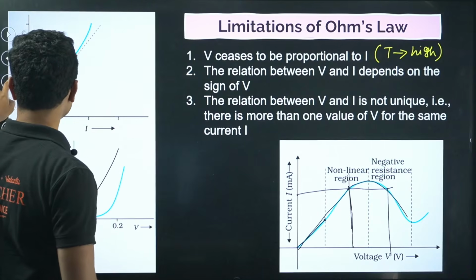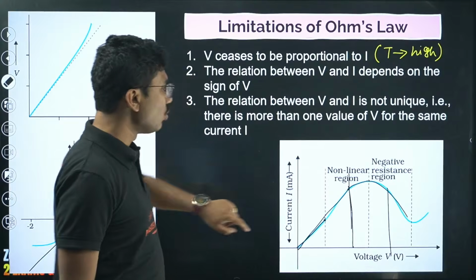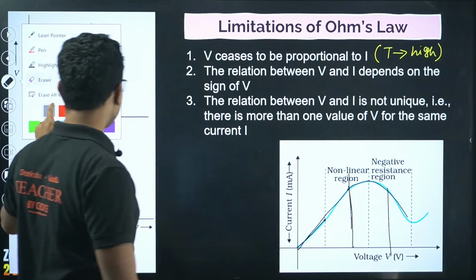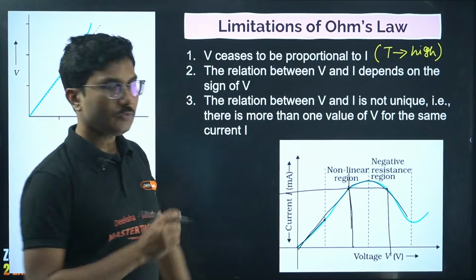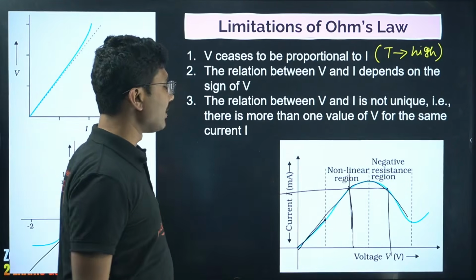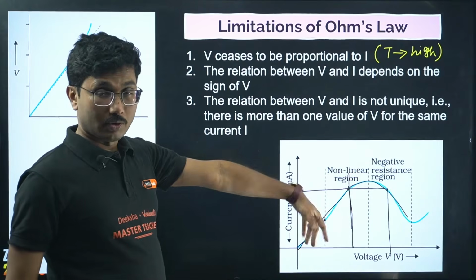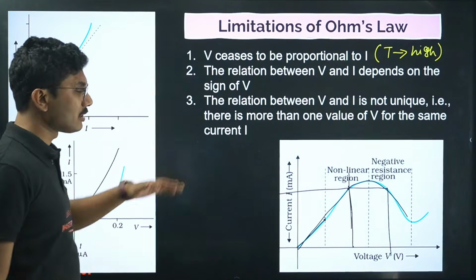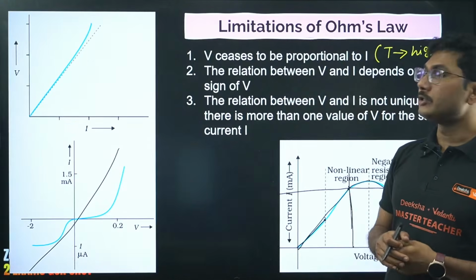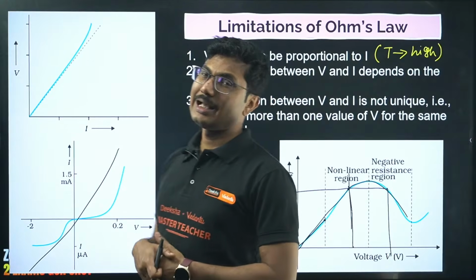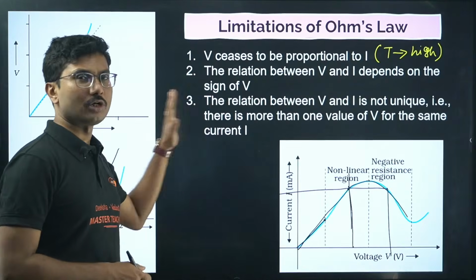But in this example, you are getting two voltages for the same current, which is again not allowed by Ohm's law. So this is also a violation of Ohm's law. At higher temperature, Ohm's law is not applicable. Ohm's law is not applicable for devices such as semiconductors. So these are the drawbacks or limitations.